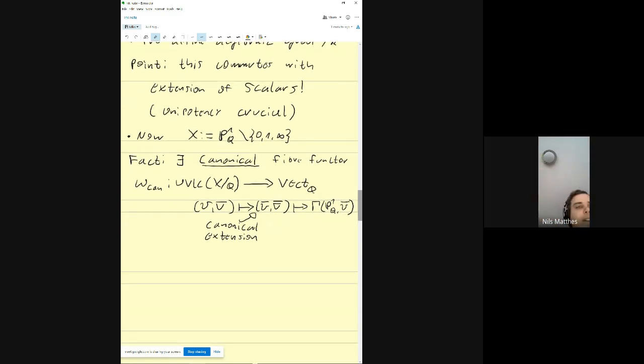Of course, you could do this in general, for any variety. But the point is, this is really a fiber functor, because of the following properties.